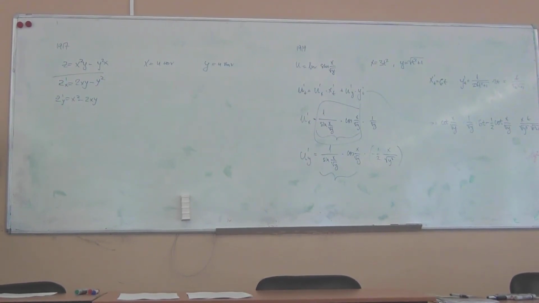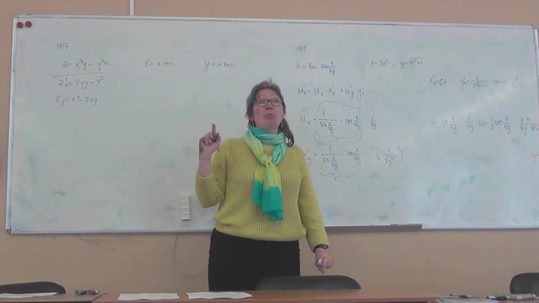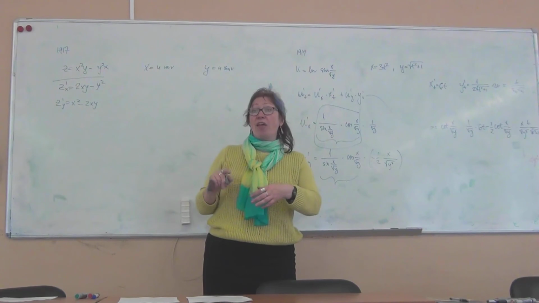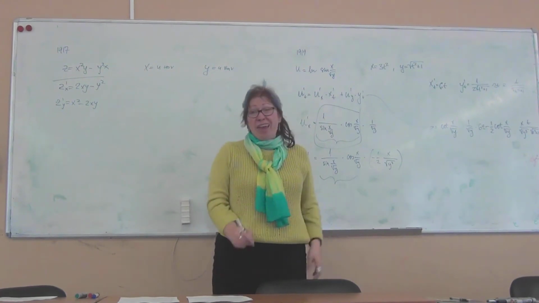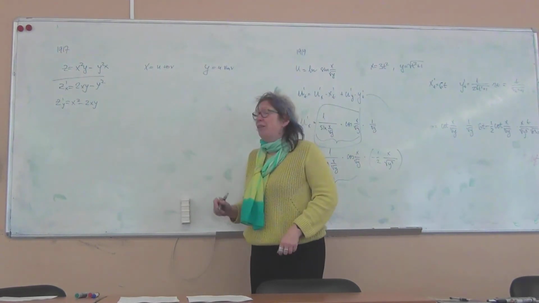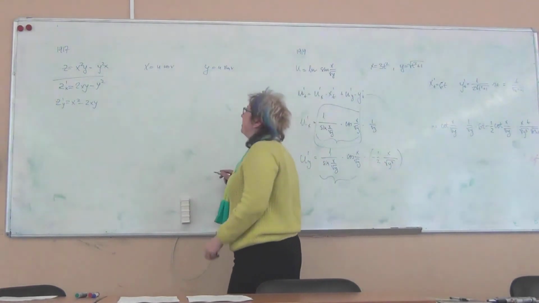Just keep in mind that when you are deriving by x, y is a constant. I remember that some people had problems last semester when we were starting derivatives, and there were more than just x in one expression. What do we do with a? What do we do with pi or e or something? Those are constants.